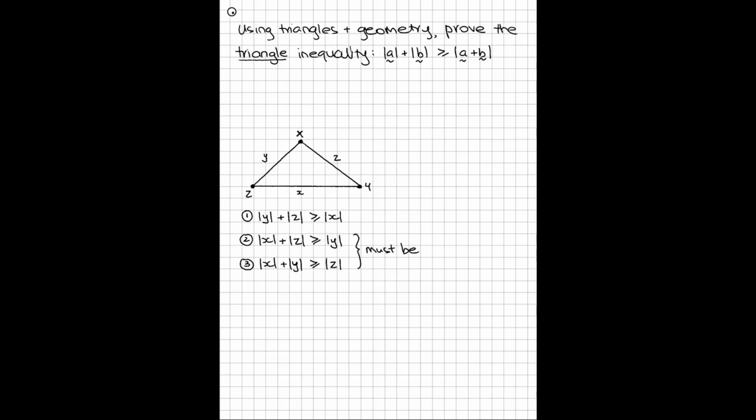They're kind of trivial mathematically, because if I already know that the magnitude of X is greater than Y or Z, then if I was to add something to X, the inequality must still be true. X plus something is still going to be greater than Y, and X plus something is still going to be greater than Z if X is the longest side.